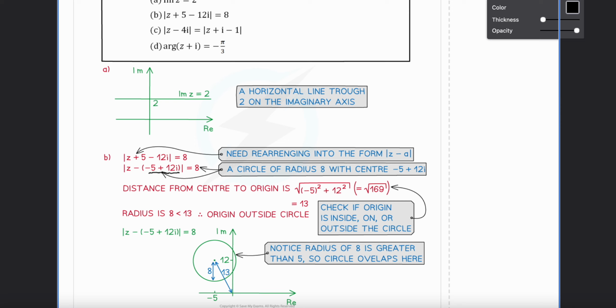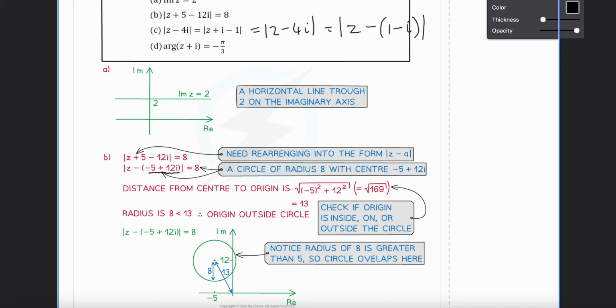Okay, and then part C, we have the modulus of z minus 4i is equals to the modulus of z plus 1 minus i. So we have to make sure they are of the same form with what we're given, right? So we have z minus 4i. This part is okay. But the second part we have to write as z minus, right? 1 minus i.